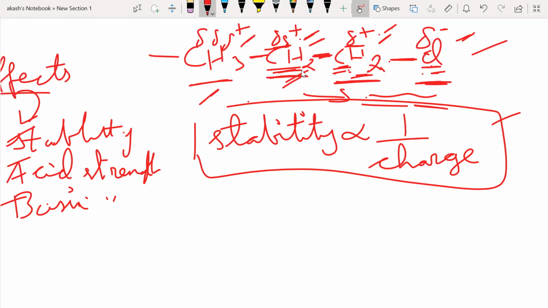So this can be used again. One more thing is you can use inductive effect only for charged species. Now tell me, which intermediate will I not be able to use inductive effect for?